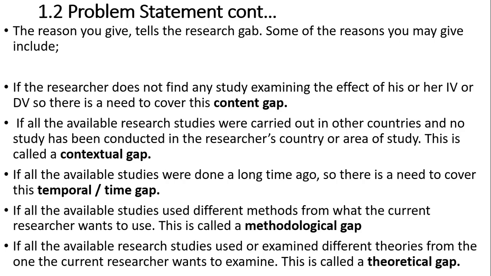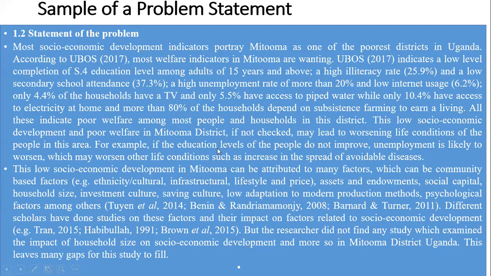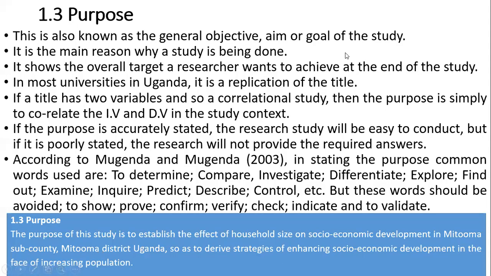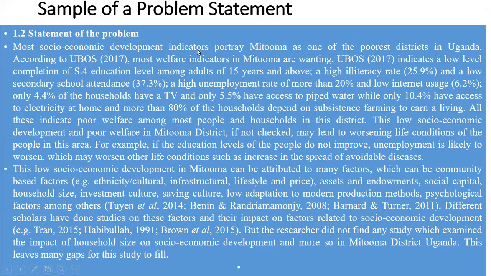Look at this sample. As you look at this sample, the problem area, if you look at sentence number 1, somebody said most socio-economic development indicators show Mitoma as one of the poorest districts in Uganda.